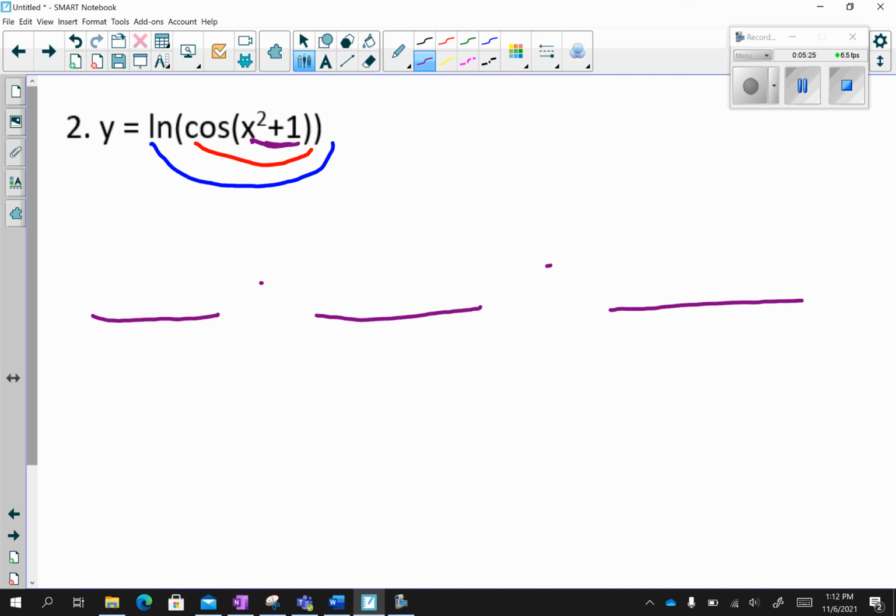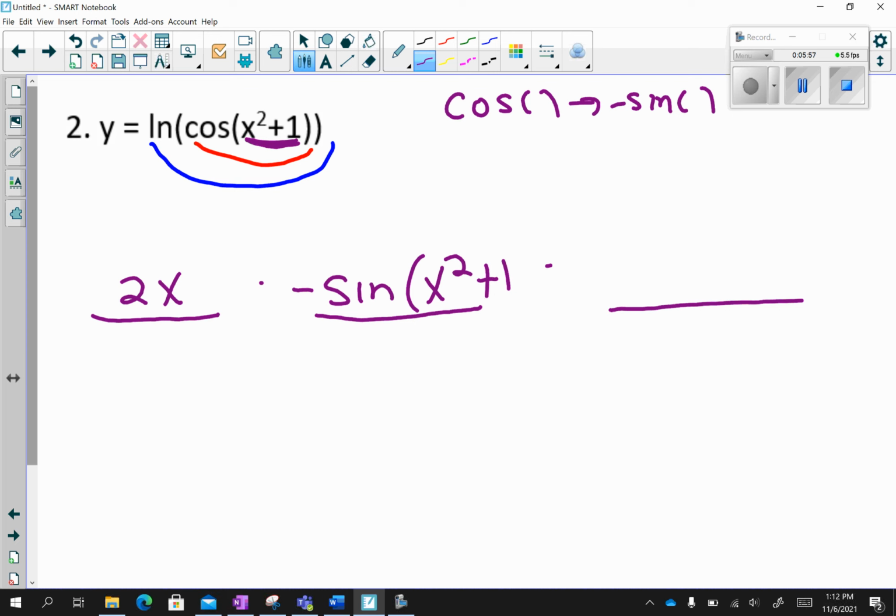So inside is this x squared plus 1. Well, that's just 2x. The middle, we have, so remember, cosine of something, if that something is more than x, well, then we take the derivative of that inside. Well, that's what the 2x is. But cosine of something becomes negative sine of that same something. So this is negative sine of x squared plus 1.